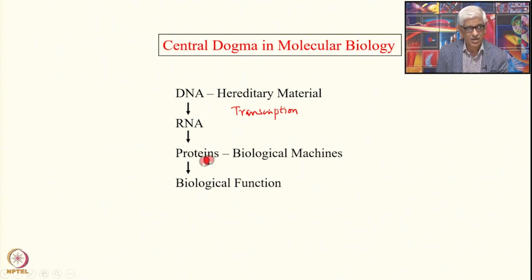There are 20 different types of amino acids, and a set of 3 units of RNA codes for one particular amino acid, and the 20 different amino acids are coded by different codes. These are called the genetic codes. And then this process of expressing the information in the RNA into the proteins, this is a process which is known as translation.